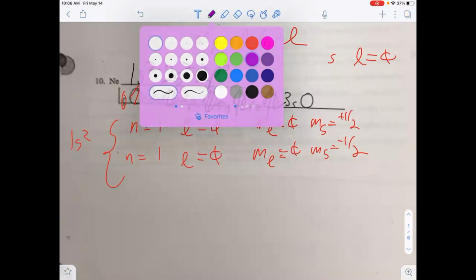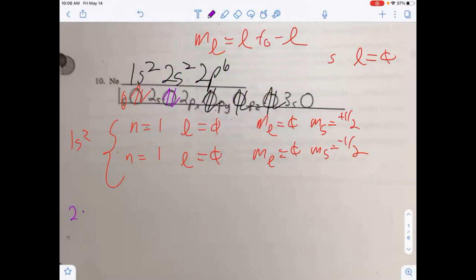Then I move on to my 2s2 electrons. So here I'm in the second energy level. Well, what about my S there, Maria? What is the L value for S? 0. S is always 0.